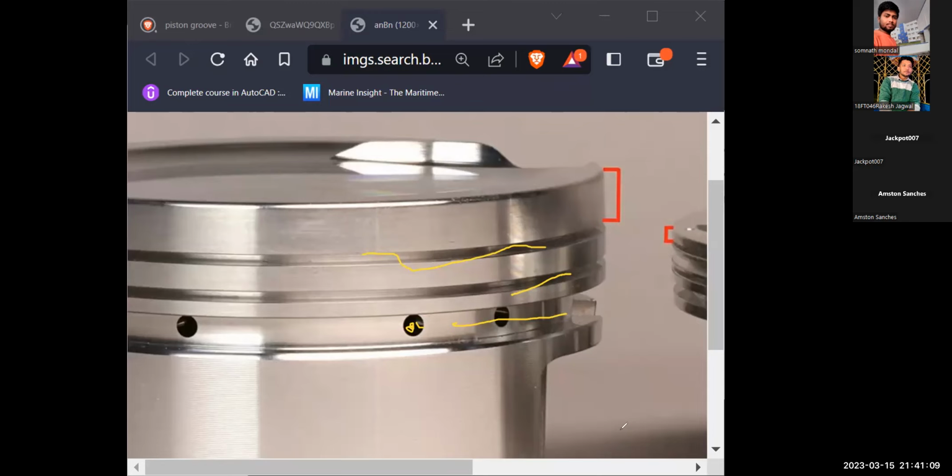If you see the piston from below, it's hollow like a cup. Whatever oil is splashing comes inside the cup, and that comes out of these holes.